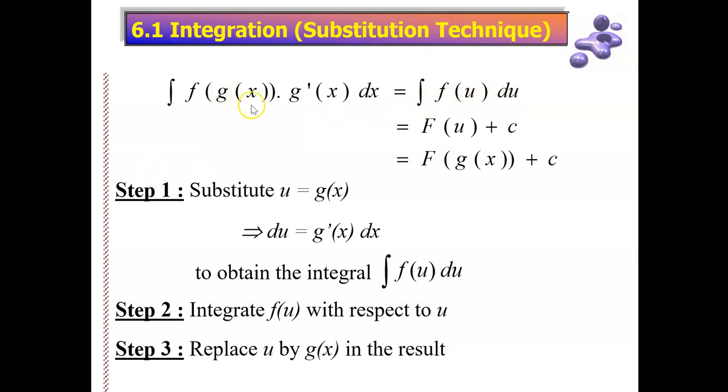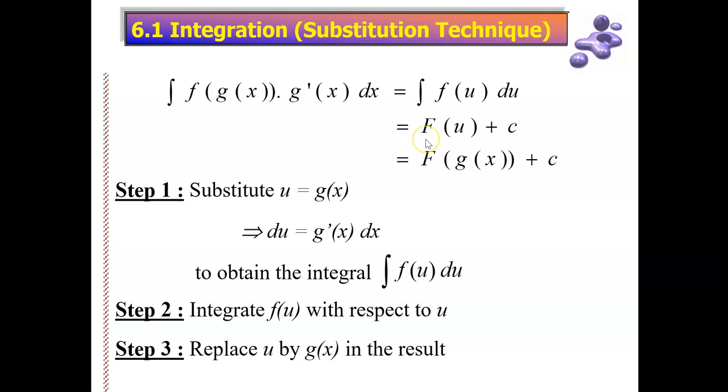So basically what we have here is two functions, which is g(x) itself and g prime x, after you differentiate it. In here, we're going to substitute the g(x) into the f function. So it's no longer g(x). It will become a new function, which is f(u) du.